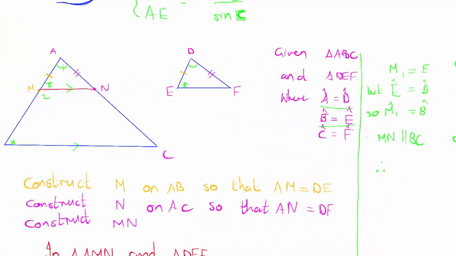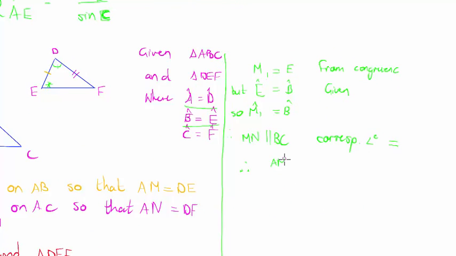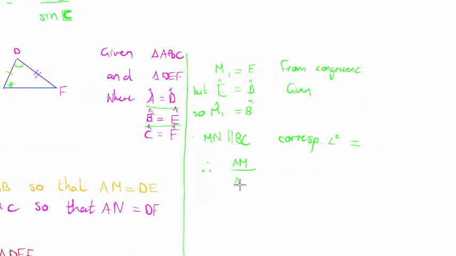my previous theorem that I just proved showed that then the sides are proportional. In other words, AM divided, so this side divided by that long side, AM divided by AB is equal to AN divided by AC.